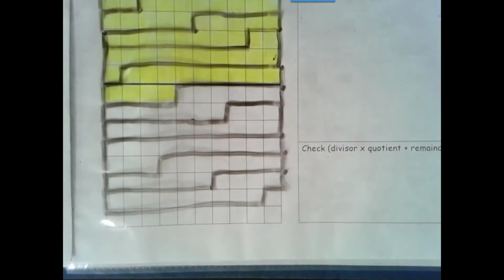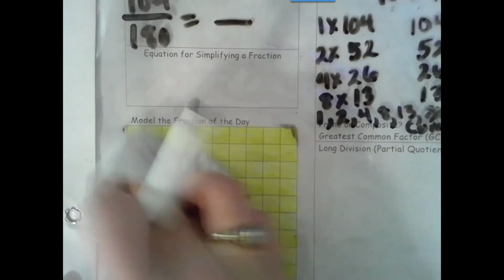And I have 11 left over. So again, if I had 2 more, this would work. So 13, not our greatest common factor.